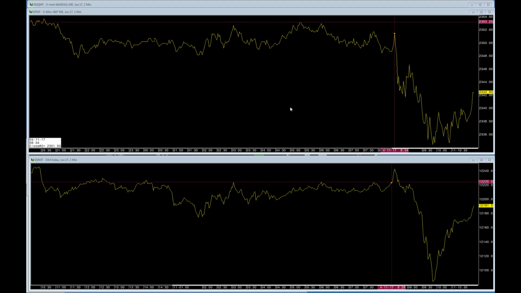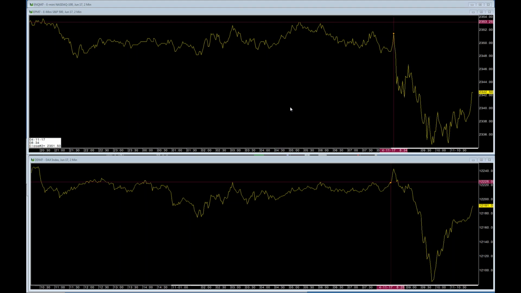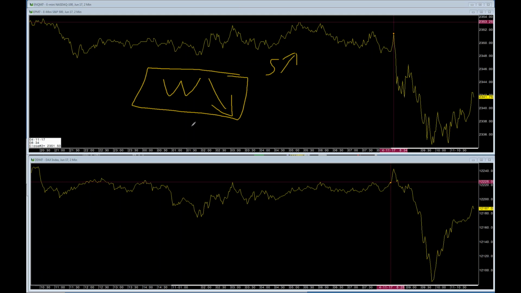Secondly, when the strong one gets weak, that's usually great timing for the weaker ones to really get weak. So think about that. If the S&P and the NASDAQ kind of are weak, all right, and they want to go down, but there's one outlier, the DAX, that's strong, that wants to go up, it's going to make it tougher for the weaker ones to do what they want to do.